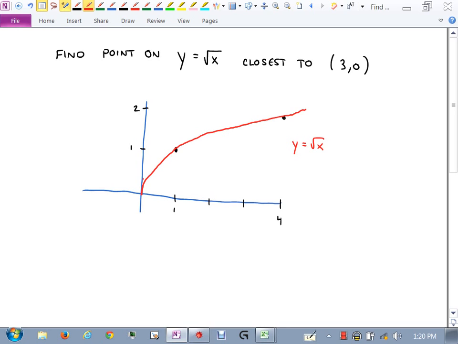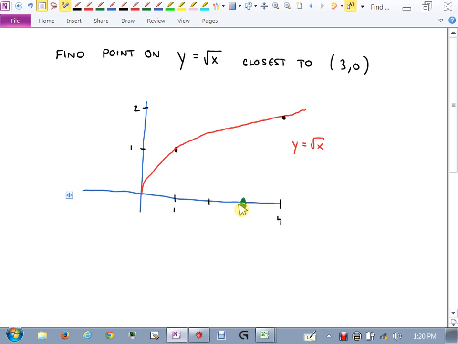The question here is for us to find the point on that curve that is closest to the point (3, 0). The point (3, 0), 1, 2, 3, is just 3, 0 on our x-axis. It's right here. What point on that curve is closest to this point?